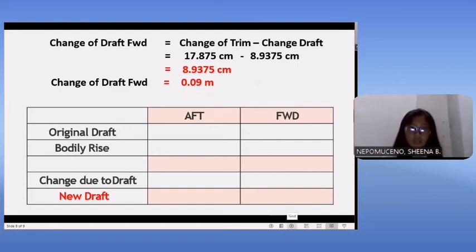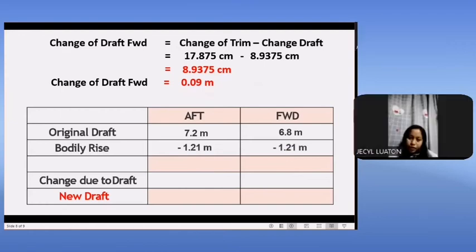So for the table, for the original draft, we have a value for the aft of 7.2 meters, and for the forward, we have 6.8 meters. And for the bodily rise value, we have negative 1.21 meters.